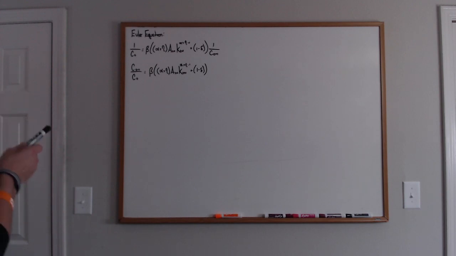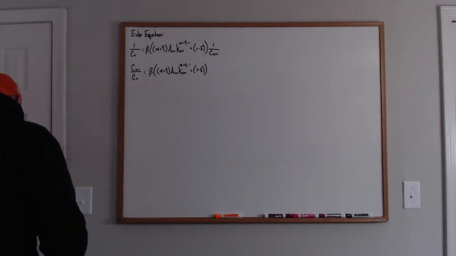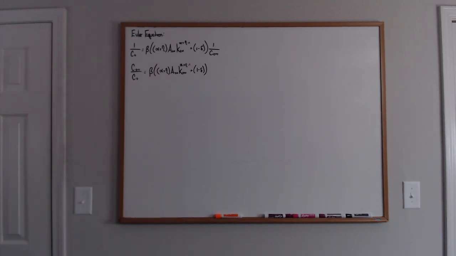Now, from here, this is where the interesting stuff happens to show up. Because really what we've done so far is we've just solved out the neoclassical growth model with an extra term in the production function.